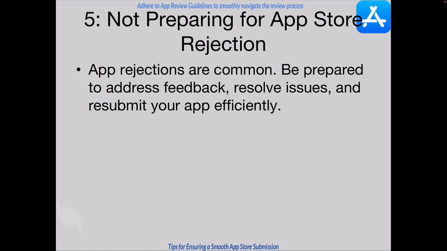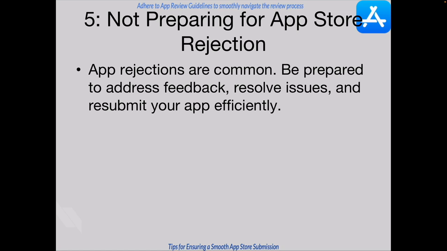Next is not preparing for App Store rejection. Many developers are not prepared for the possibility of App Store rejection, but it happens frequently. Rejections often occur due to small issues that are easy to fix. So do not panic if this happens. Apple will usually provide specific reasons for the rejection, so use that feedback to resolve the issue and resubmit the app promptly.